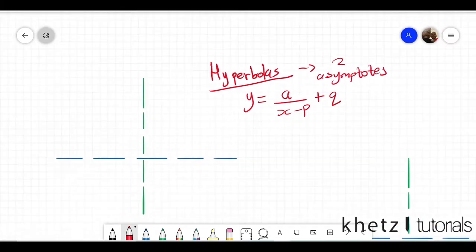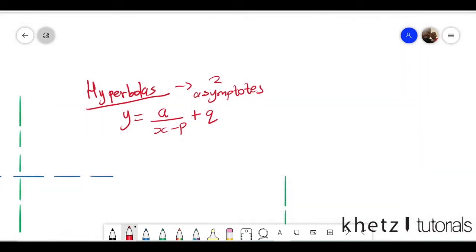And basically, just a revision about the definition of the asymptote. Your function or your graph will approach this asymptote, which is basically a line, either a vertical or a horizontal line.